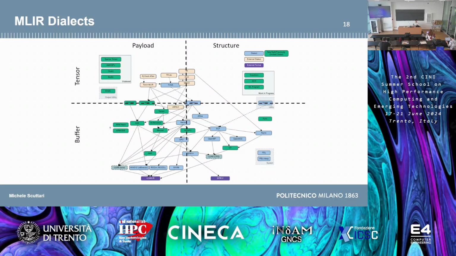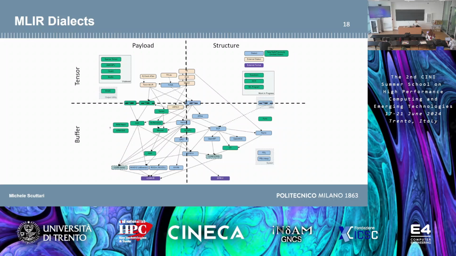Okay, so all the AI things are payload dialects, and the structured dialects are used at a lower level to perform transformations on the code itself. So to map another intermediate representation onto something that exposes a particular structure, and then you can transform that structure and move out of this particular representation.